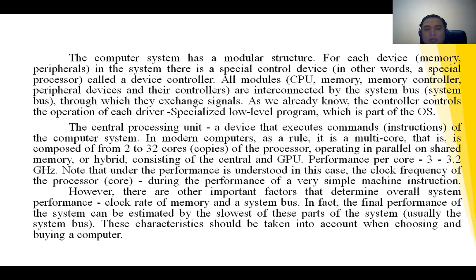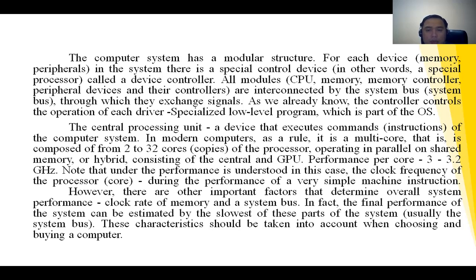As we already know, the controller controls the operation of each device through a driver, a specialized low-level program which is a part of the OS. The central processing unit is a device that executes commands and instructions of the computer system.